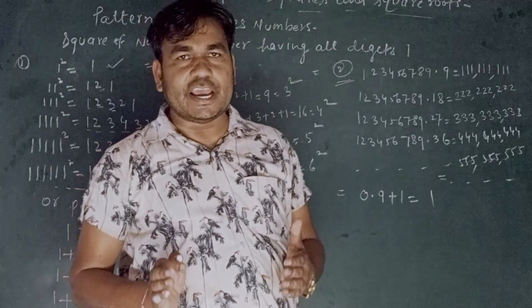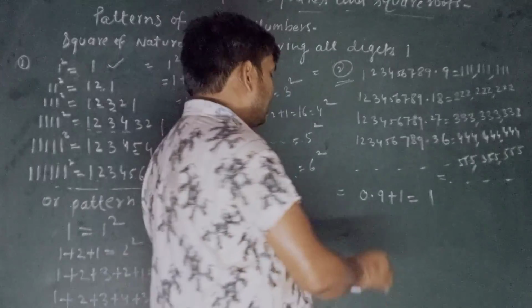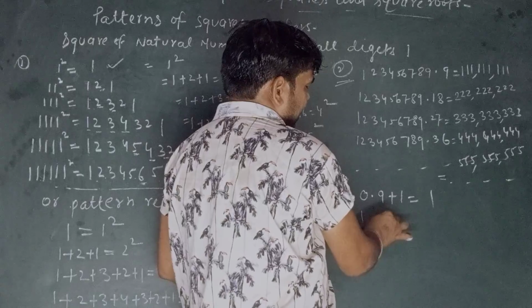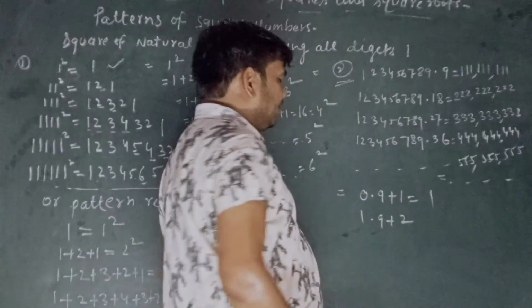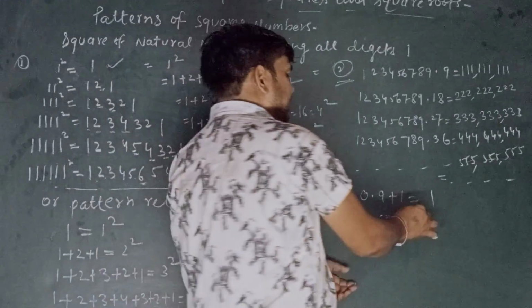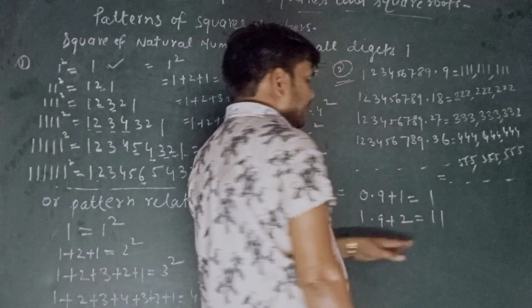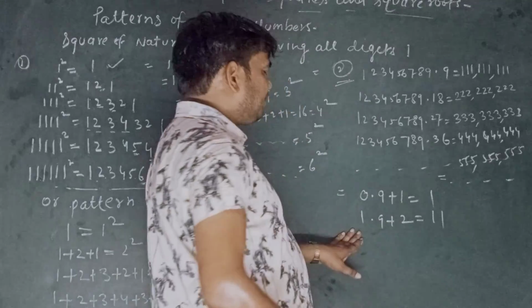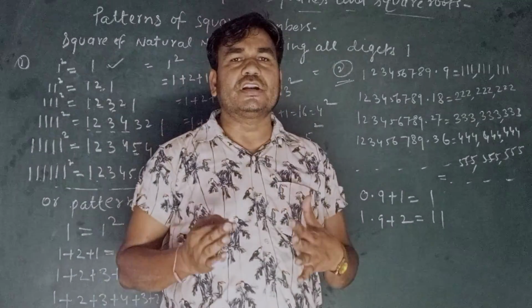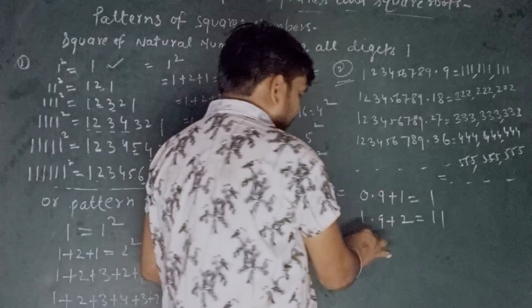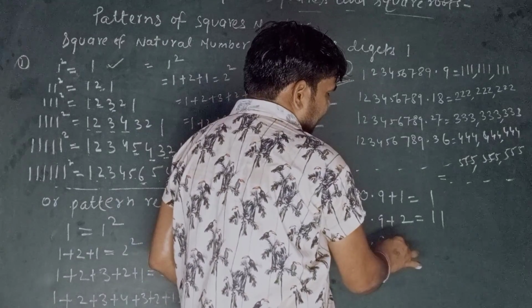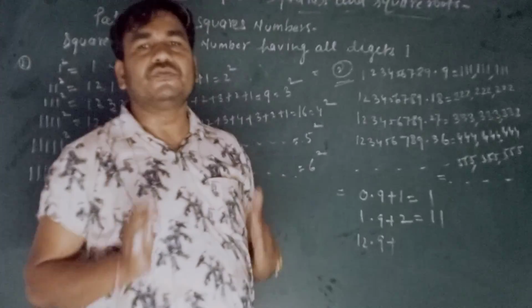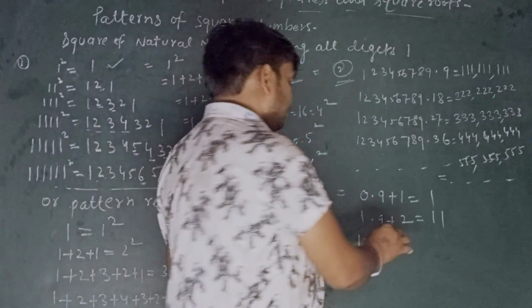And we take another, 1 multiplied by 9 plus 2, which gives 11. So here, students, another pattern. Then 12 multiplied by 9 plus 3.